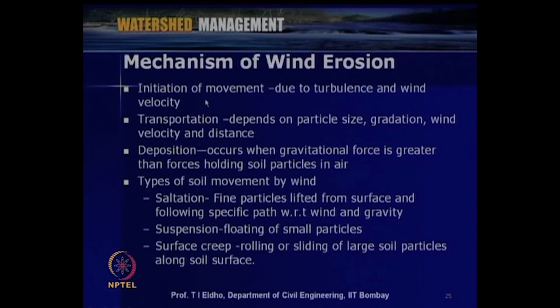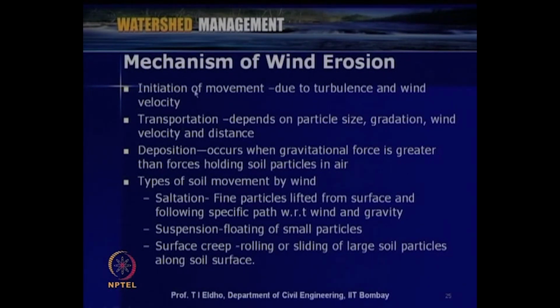Now let us look into the mechanism of wind erosion. First there is initiation of movement, which is due to turbulence and wind velocity. When the wind hits the loose soil, due to the velocity the bed shear stress changes and with the turbulence, the soil will be transported.